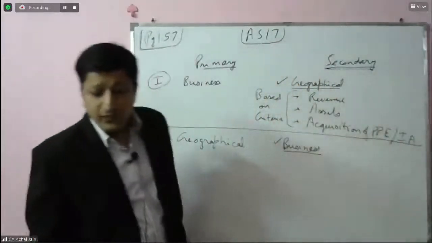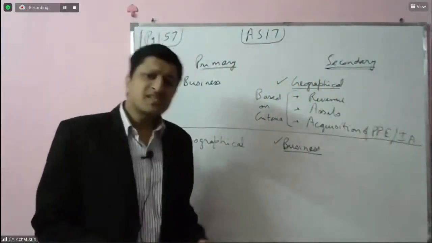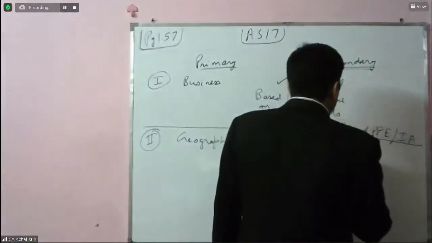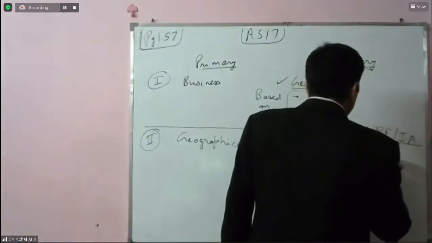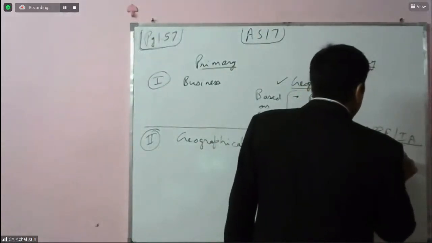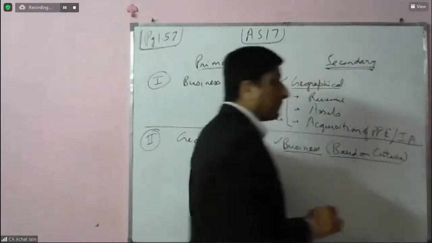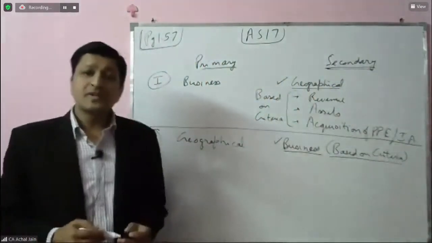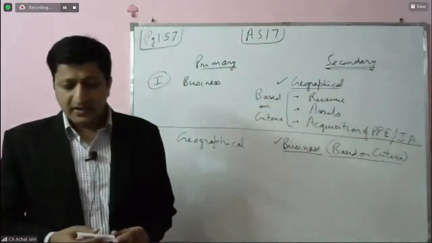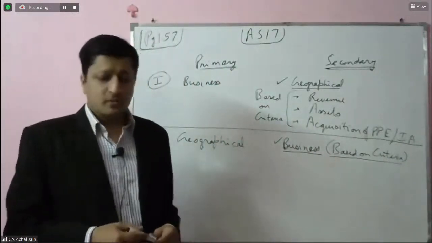But when it comes to business segment, which has become secondary, you will check the criteria not for every line item which is required to be disclosed, but for the business segments to be selected first, and for all those business segments which have been selected, what is required to be disclosed?